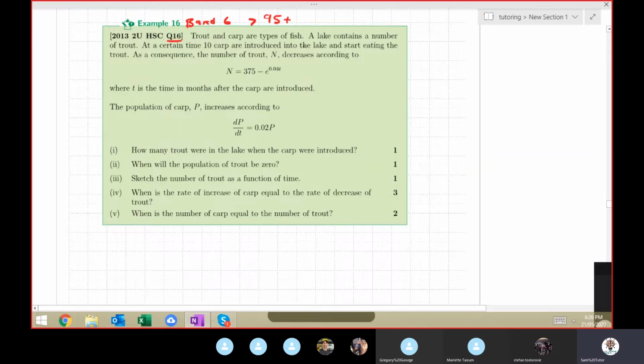A lake contains a number of trout. At a certain time, 10 carp are introduced into the lake and start eating the trout. So that means the trouts will be decreasing, and obviously the carps would be reproducing and increasing. As a consequence, the number of trout N decreases according to this.